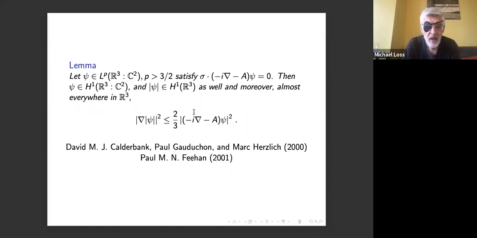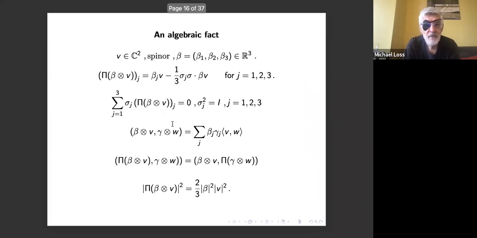So, okay, how do we get to this factor of 2/3? So let me start with an algebraic fact. V is just a spinor. Forget about x, it's just a spinor in C^2. Beta is a vector in R^3. And we look at the following operator. So you take beta tensor V. Pi is this operator, defined here.